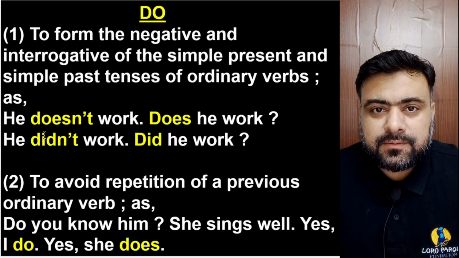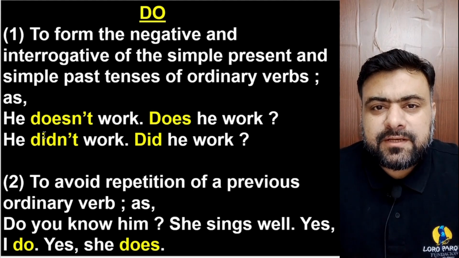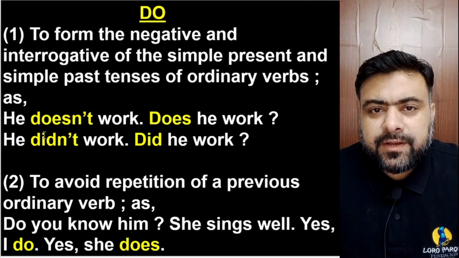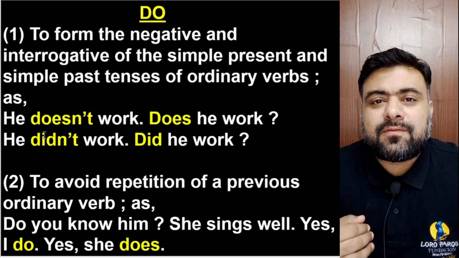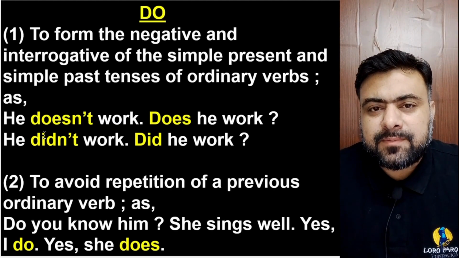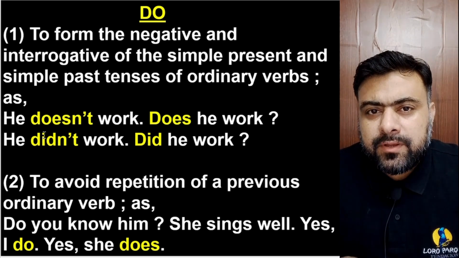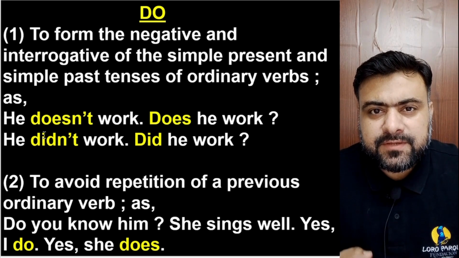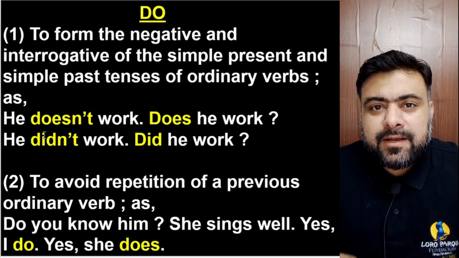Similarly, he worked. He didn't work. Did he work? The auxiliary verb do is also used in sentences to avoid the repetition of the ordinary verb again in the sentence. For example, do you know him? Yes, I do. Now, I could have said, yes, I know him.